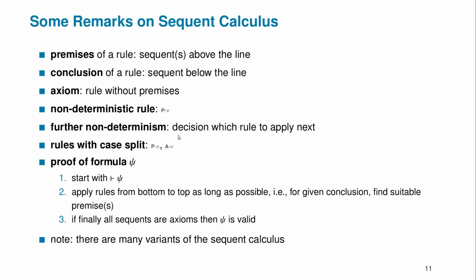Because we could also read the proof in the other direction. We start from the axioms and then apply those rules to derive the formula we are considering, but this is much more complicated. It's better to start with the formula and then apply the rules and obtain the axioms. But we will see soon in an example. And if all sequents are axioms, we can conclude that the formula is valid.